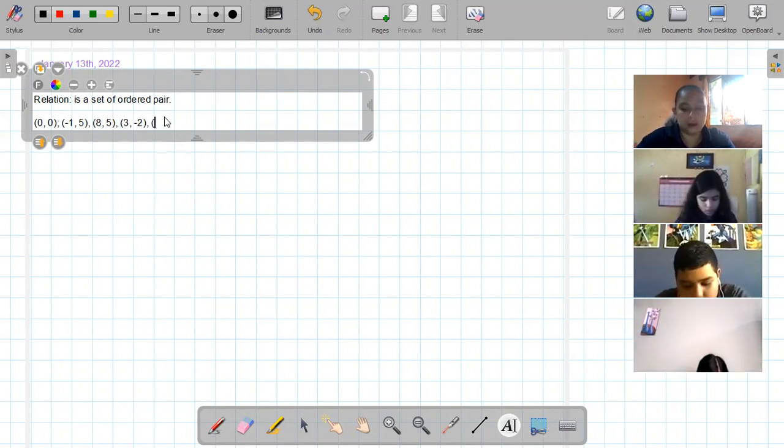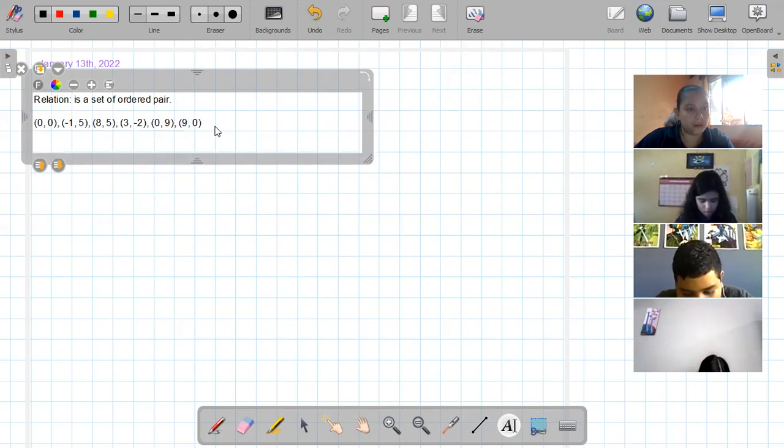I got (0, 9) and (9, 0). That is a relation. That is a group of ordered pairs. Okay, if we have more than 1, then that is a relation. A group could also be only 2 points. So that is a relation, a group of ordered pairs, a set of ordered pairs. Nothing else to know about that part.